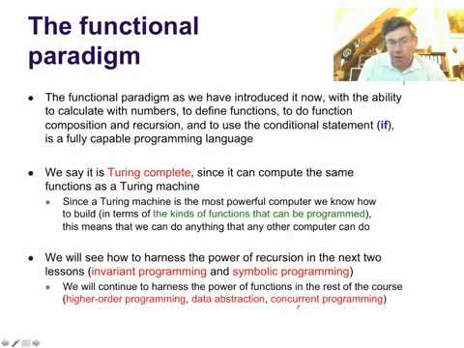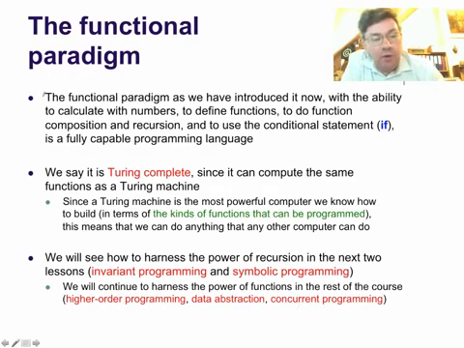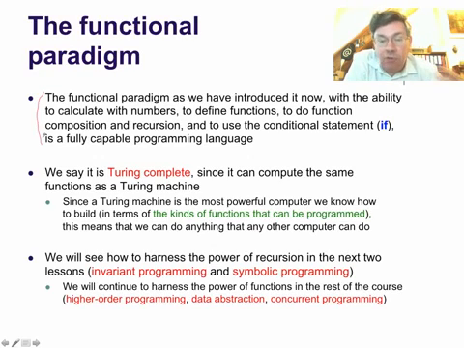So now we have arrived at the complete functional paradigm. We have the ability to calculate with numbers and expressions, to define functions, to do function composition and recursion, and to use a conditional to stop. This is a fully capable programming language. And in fact, we say it is Turing complete, since it computes the same set of functions as a Turing machine.